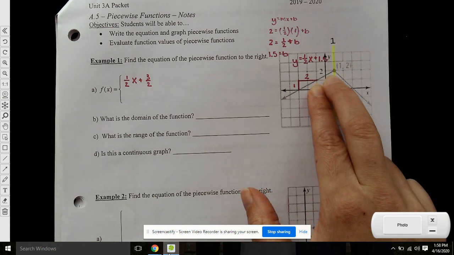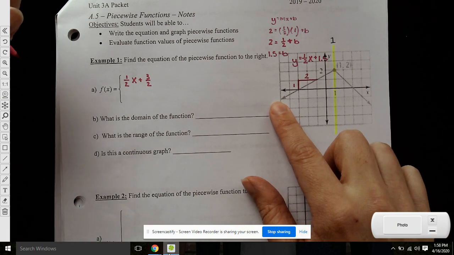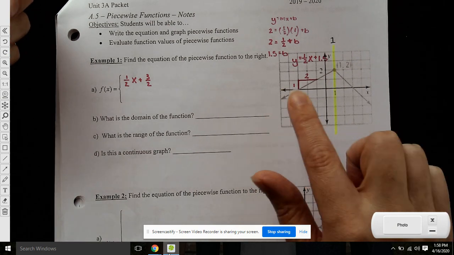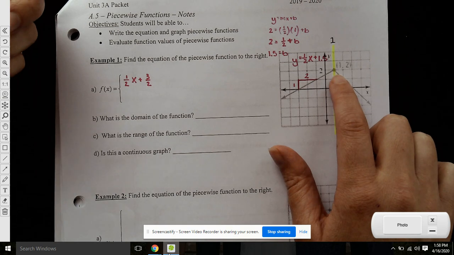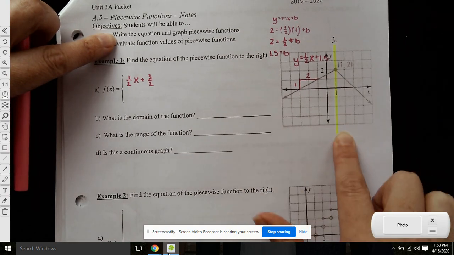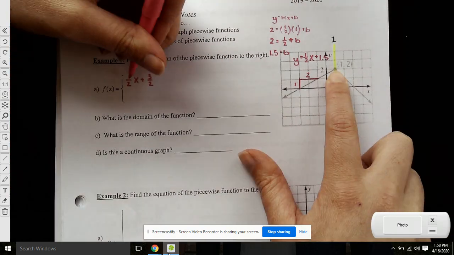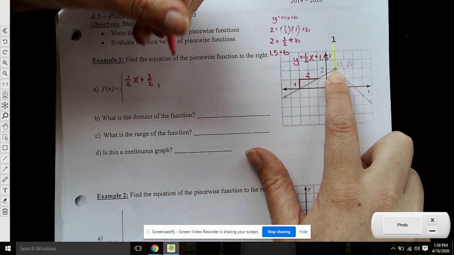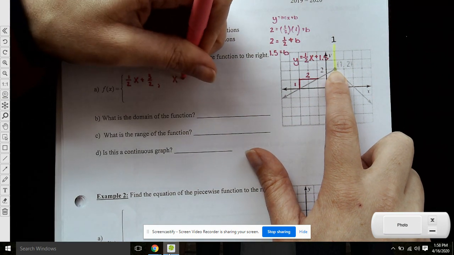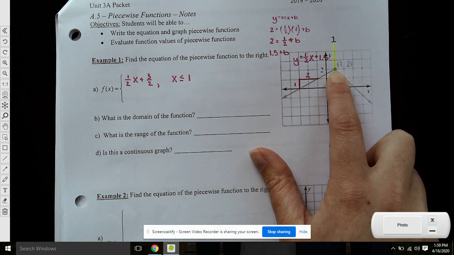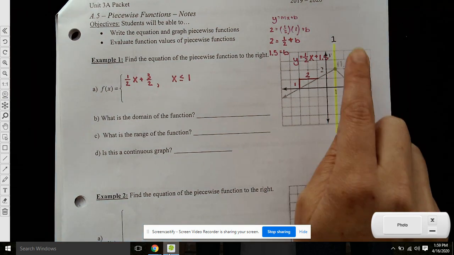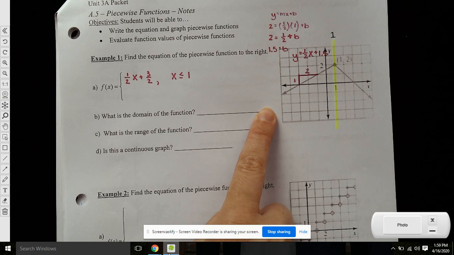I can see that this goes from all the way negative infinity up to x equals 1. And that's why this boundary line is important to recognize. So this equation works when x is less than or equal to 1.